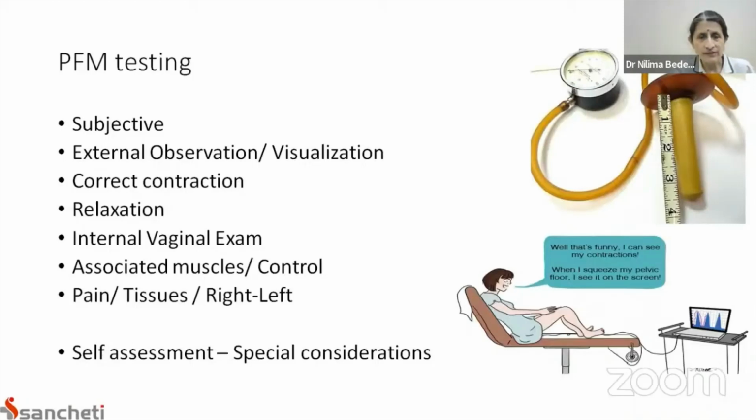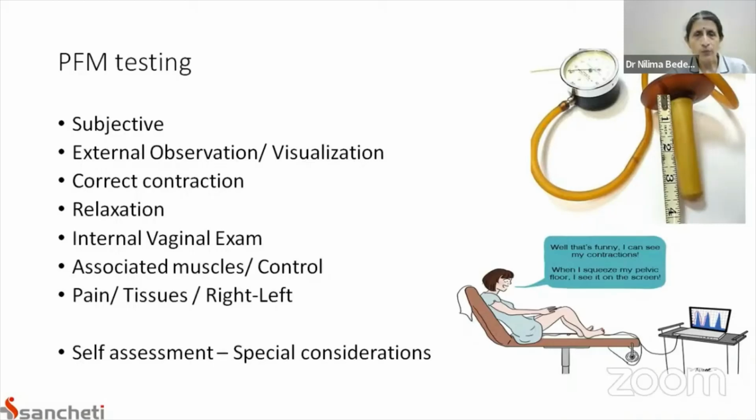Plus, there are self-assessment tests, such as the urine stop test, which again correlates very well. So we can ask them to do a self-test if the person is not at all ready for an internal examination. We need permission, but we need to convince the person very well. There are various procedures for pelvic floor muscle internal testing, which have already been discussed.